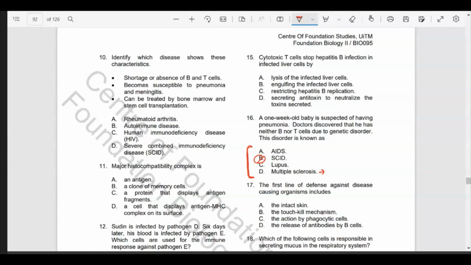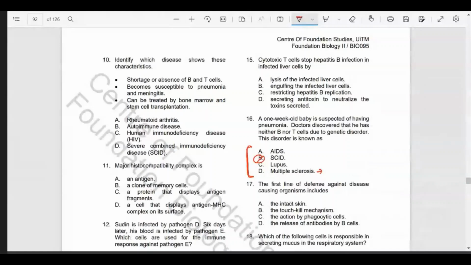So your immune system, the disease related to your immune system is divided into two actually. Okay. So satu adalah yang kita groupkan dia under immunodeficiency. Immunodeficiency means that your immune system is lacking and cannot protect your body against infection of foreign pathogens.